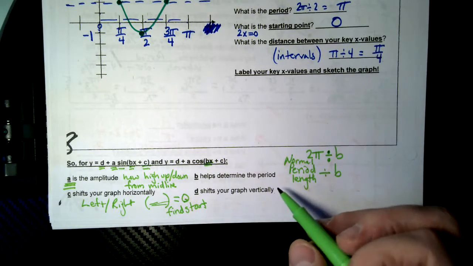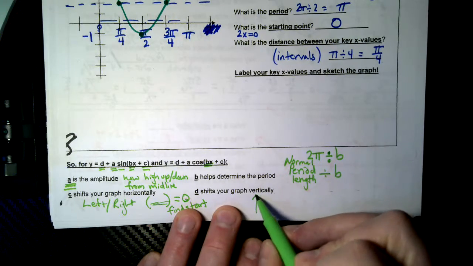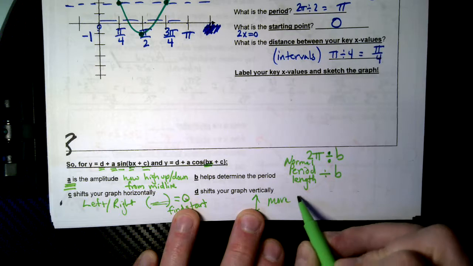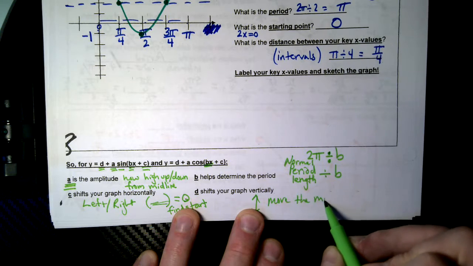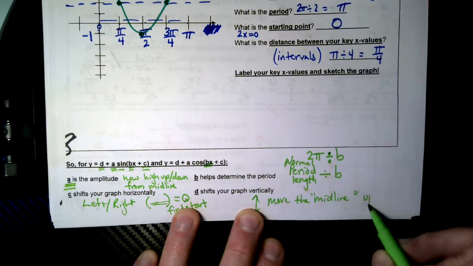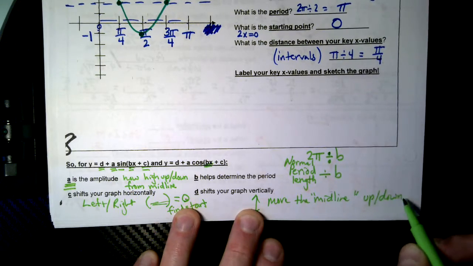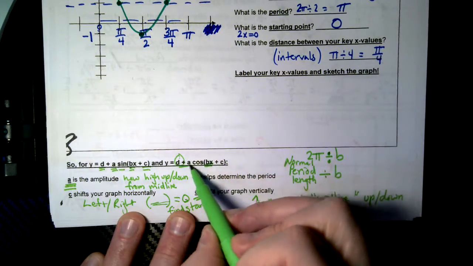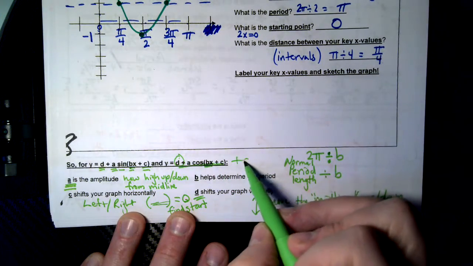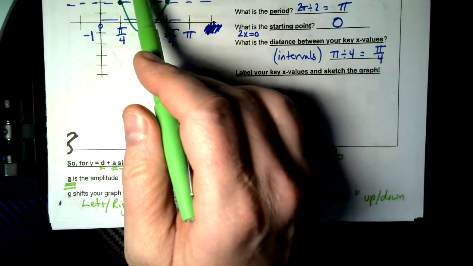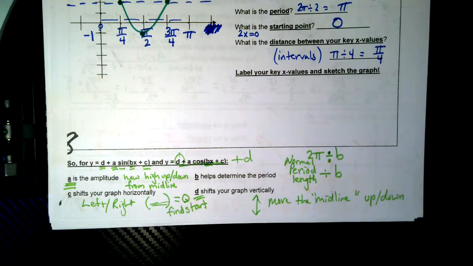To shift it vertically, you need to move the midline up or down. And that's when you add or subtract in that D location. They usually put it in front, but every once in a while you see it after. It'll say plus D after it. It'll just be some number like this number 2 that was in this graph up above.